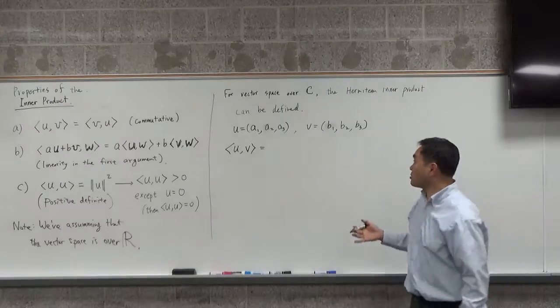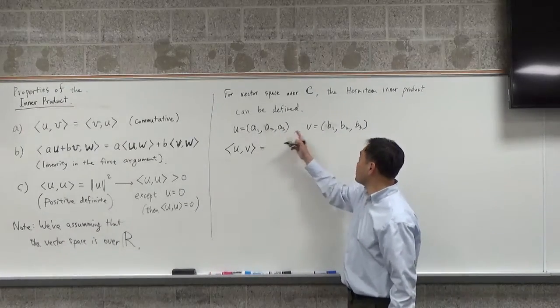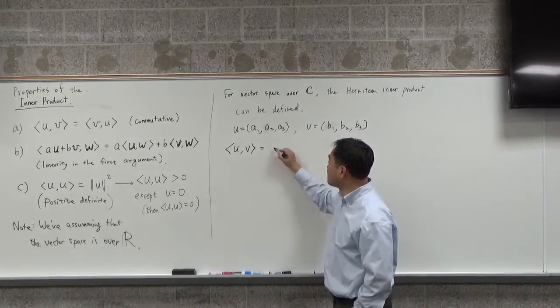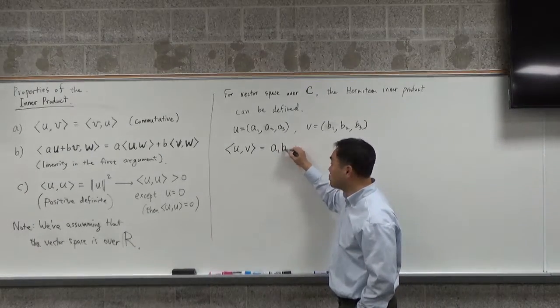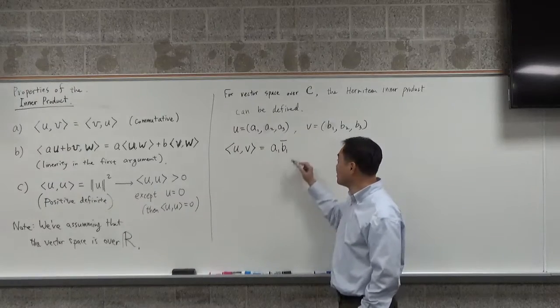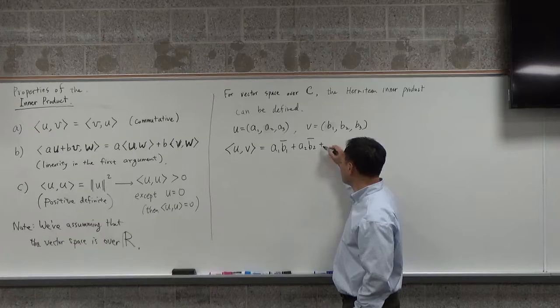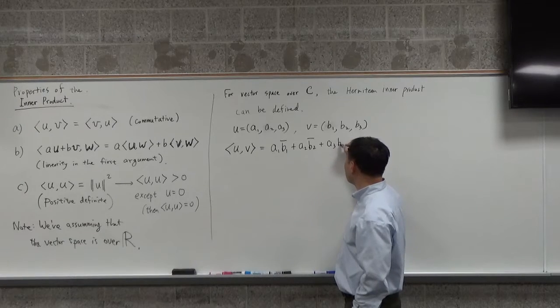They could be complex numbers. So if a1, a2, a3, b1, b2, b3 are complex numbers, we define the inner product as a1 times b1 bar, plus a2 times b2 bar, plus a3 times b3 bar.